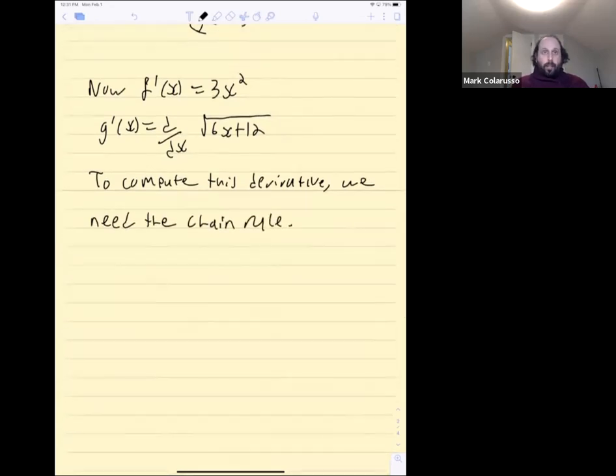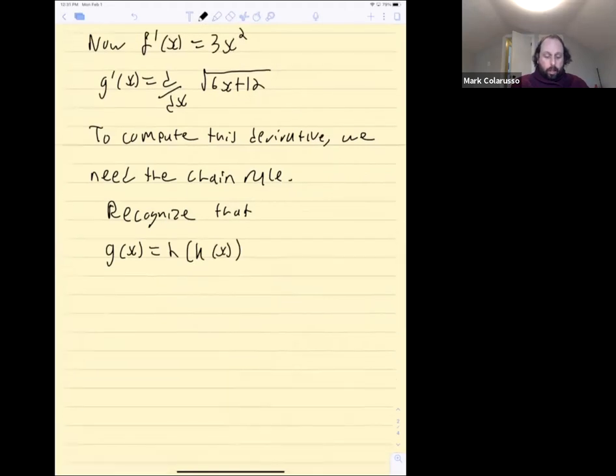Recognize that g at x is a composition. I can't use f because we've already used f, but I'll use h and k, so g is h of k at x, where the outermost function is the last operation that you would do to compute g, which is to take the square root.